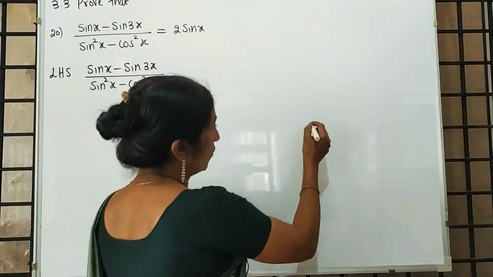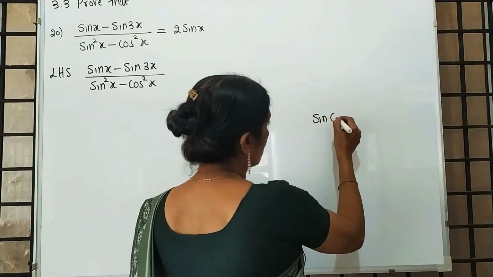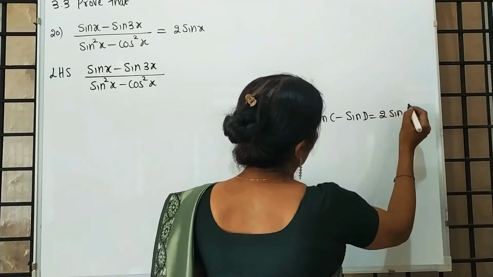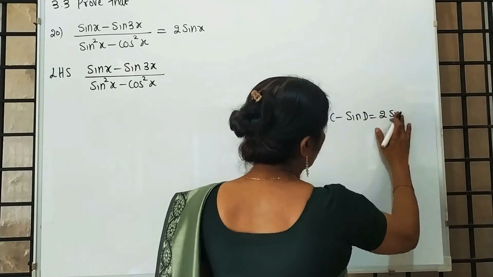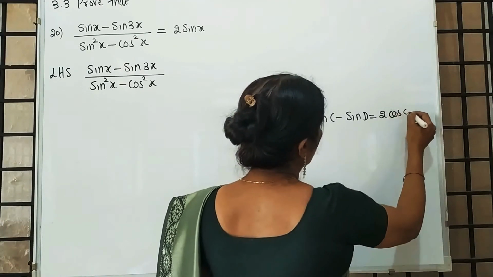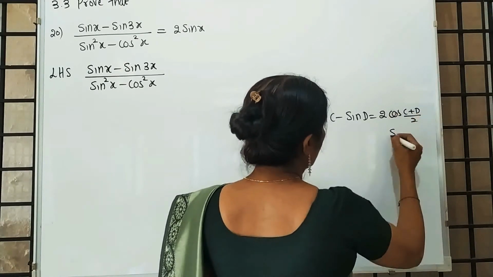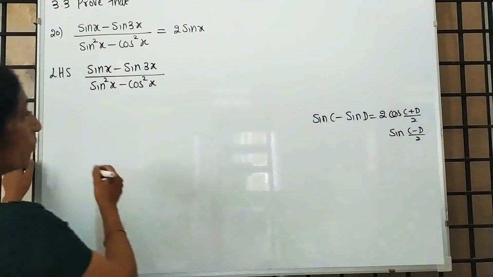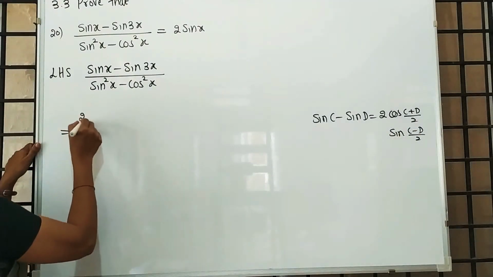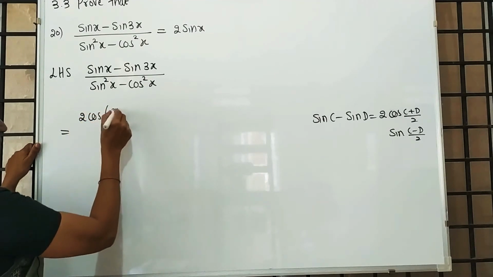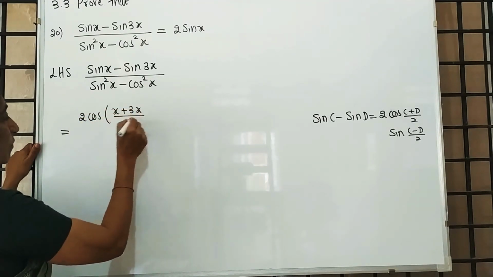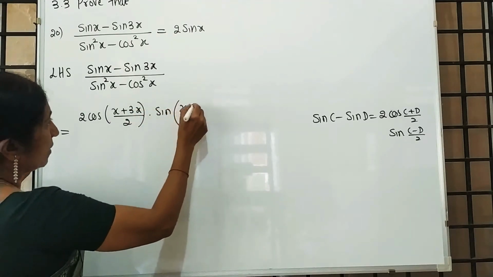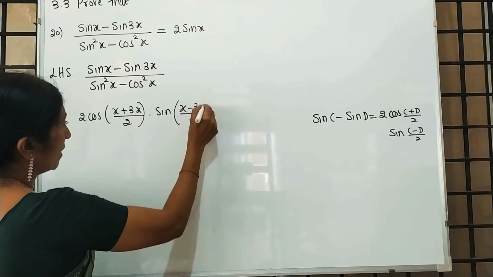See, we have a formula, sin c minus sin d is 2 cos c plus d by 2 into sin c minus d by 2. So apply the formula for numerator. 2 cos c plus d by 2 into sin c minus d by 2.